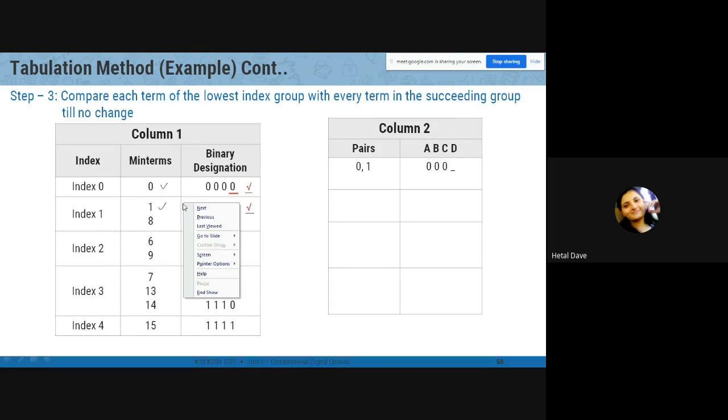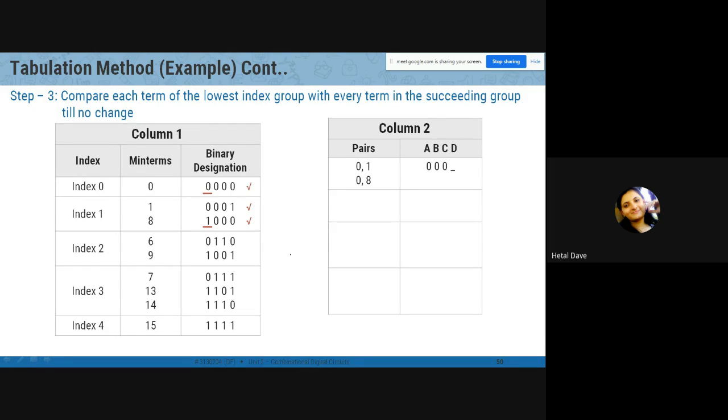Now next, 0 and 8. Compare 0 and 8 and give me your observation. Are they paired? Yes, because 0, 0, 0 are the same and only one bit, the MSB, is changed. So for 0 and 8, you should write in the same row.